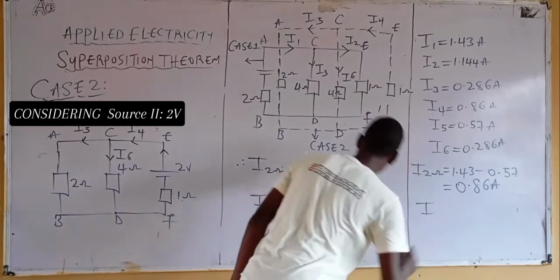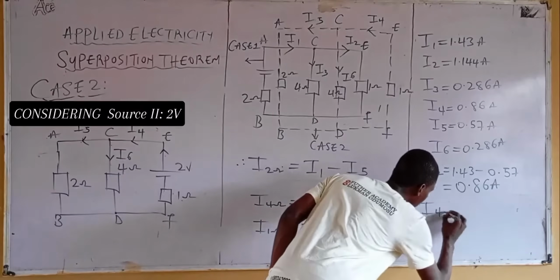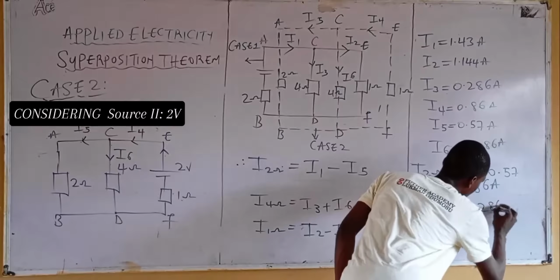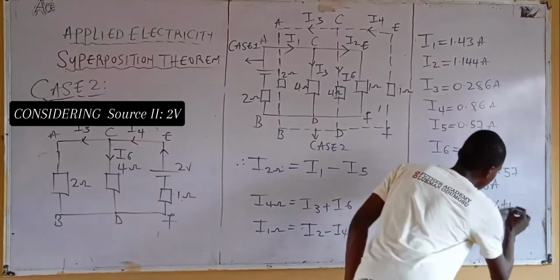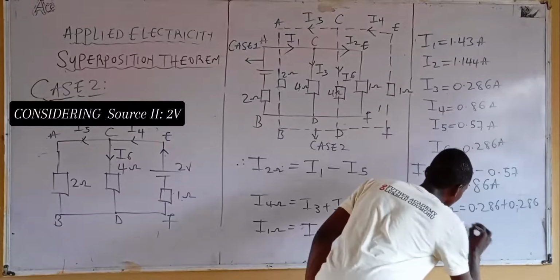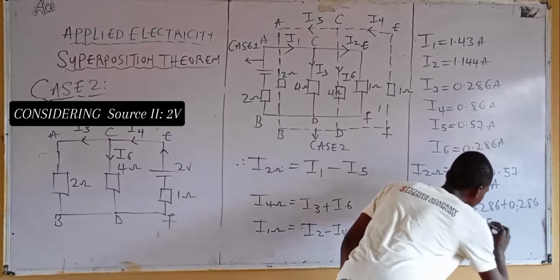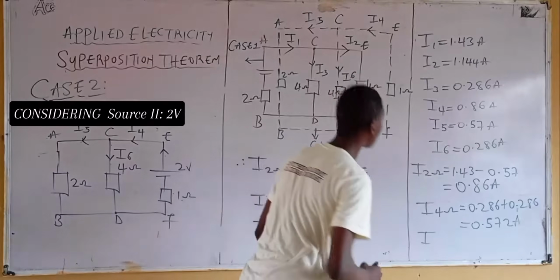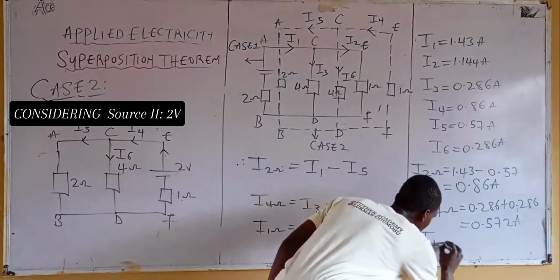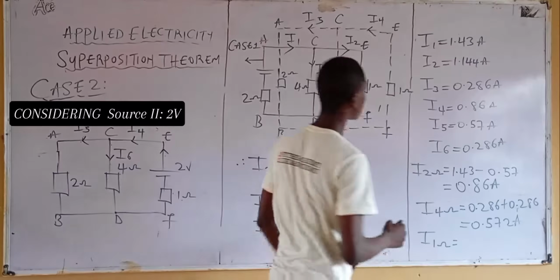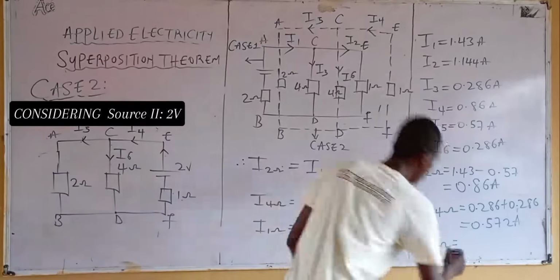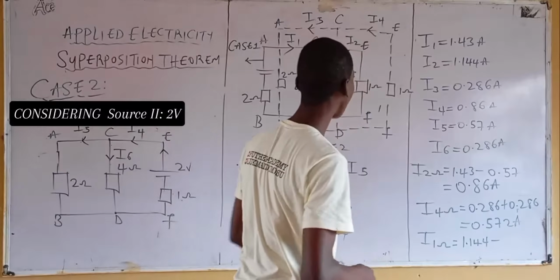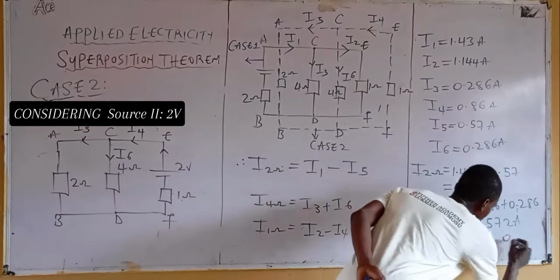Then the current of the 4 ohm resistor, what do you have? 0.286 plus 0.286. Then this is equal to 0.572 ampere. Then for the last one, the current of the 1 ohm resistor. That is equal to what? I2. What do you have for I2? 1.144. Negative I4 is what? 0.86.